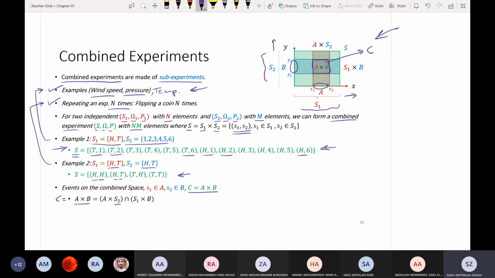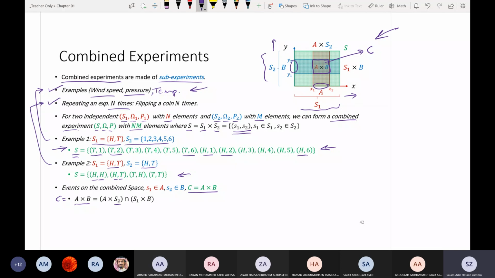Temperature in the atmosphere is highly related or correlated with the pressure. When the wind increases, the temperature decreases, and so on. So this is a typical example of related sub-experiments.